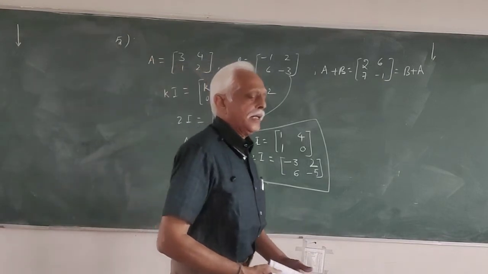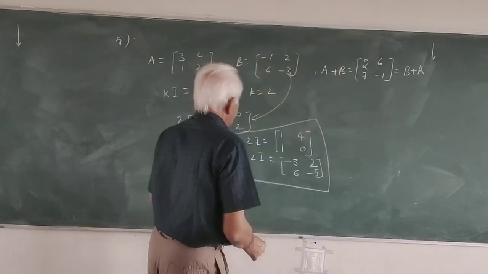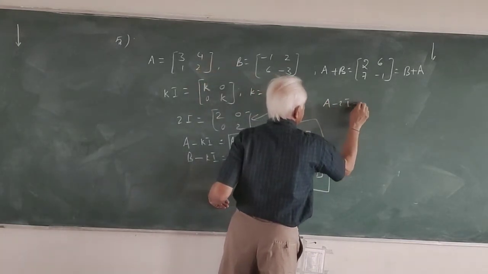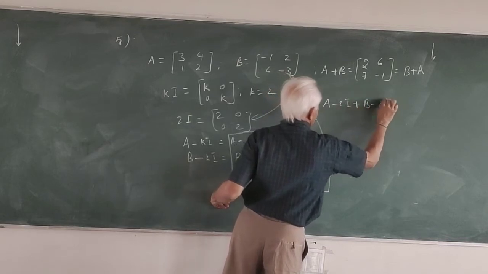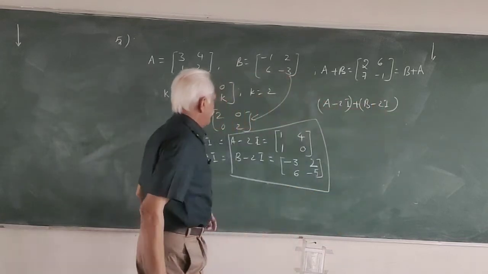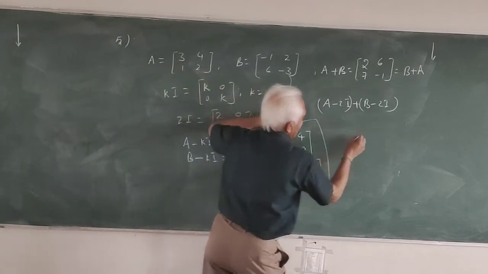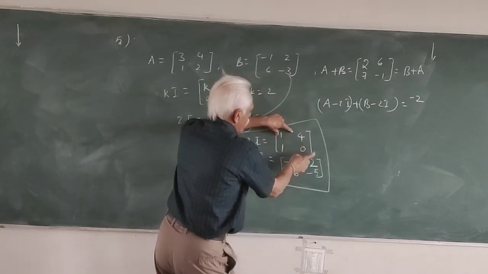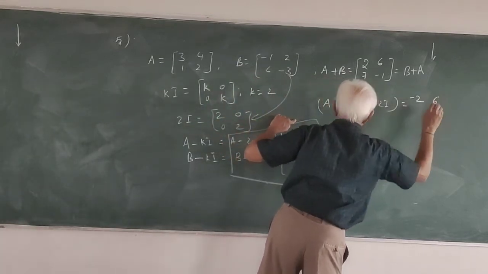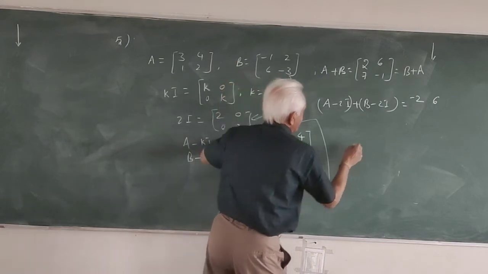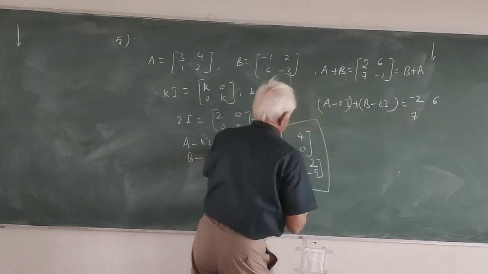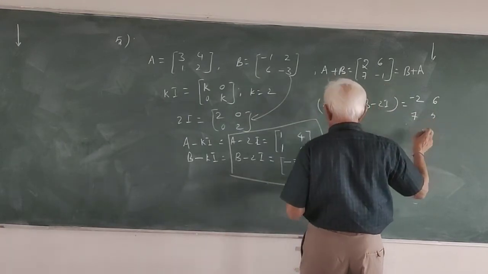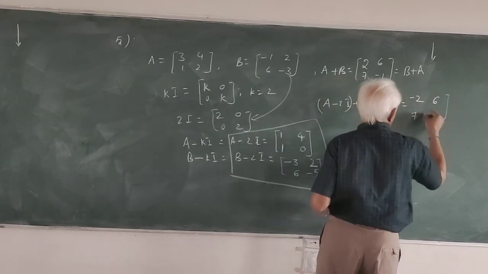Now we have to show that they commute. If you add A minus 2I plus B minus 2I, what are you getting there? 1 minus 3 is minus 2, 4 plus 2 is 6, 1 plus 6 is 7, 0 minus 5 is minus 5.